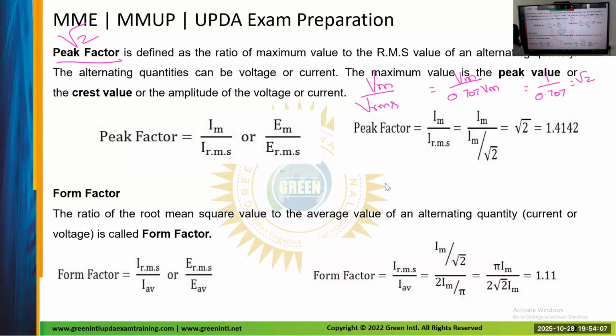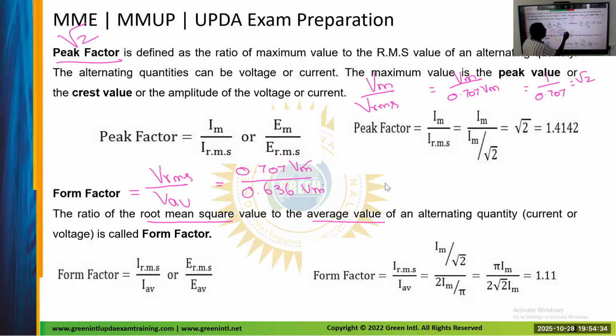Similarly, form factor is the ratio between the RMS quantity and the average quantity. So form factor is equal to VRMS divided by V average. What is the value of VRMS? 0.707 Vm. What is the value of the average quantity? 0.636 Vm.